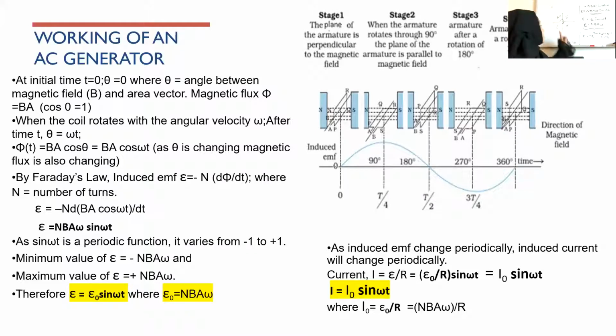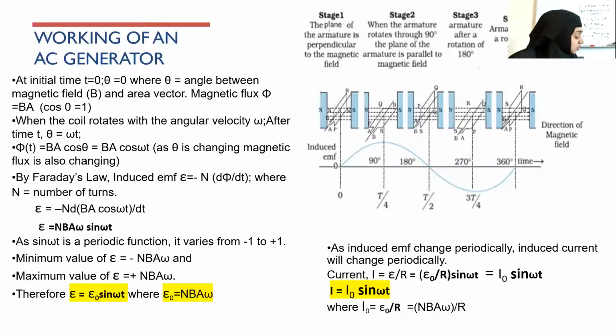Is that clear? So sine 270 degrees will be minus 1. So what happens? It goes to minimum, minus E naught. What is that? Minus NBA omega. So it becomes the negative peak value.